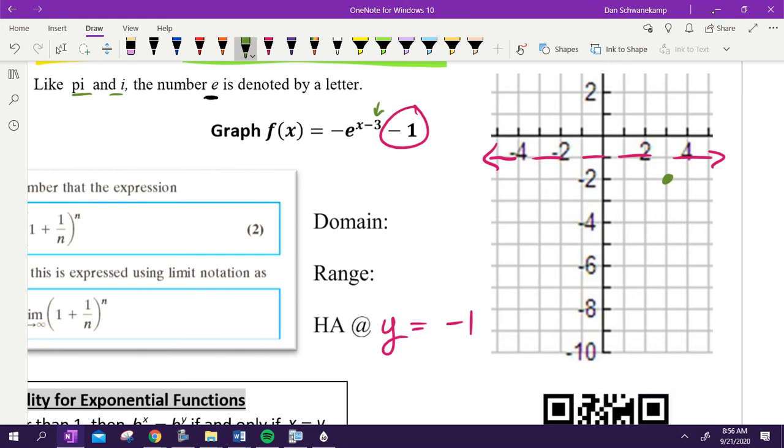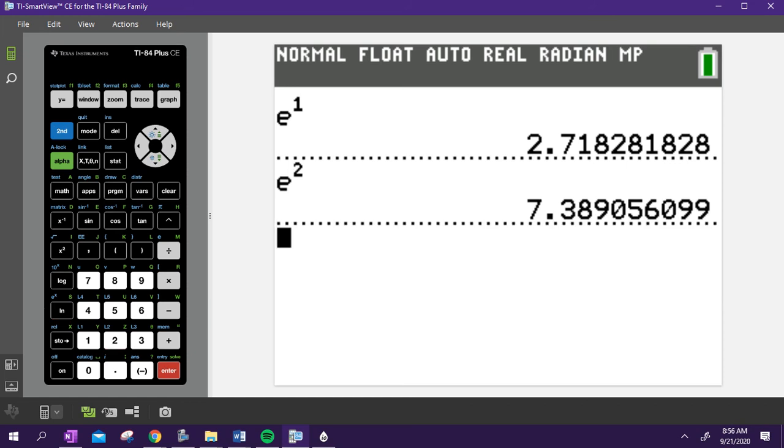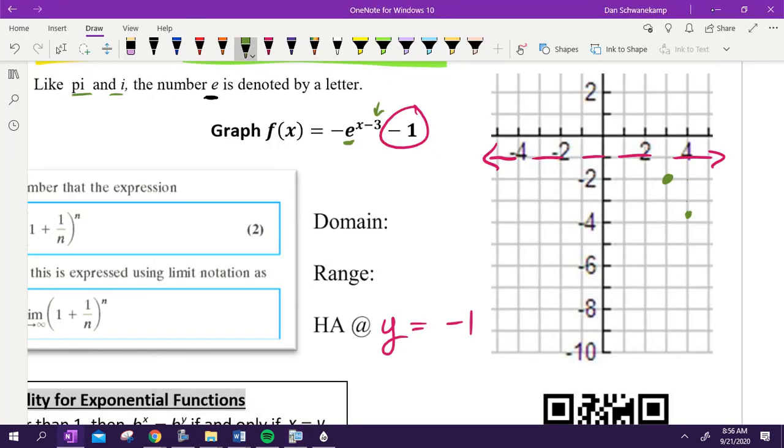As I move to the right, how many below the line is my next dot going to be? 2.71, because my base is E. My first one was 1 below. My next one is going to be 2.71 below. Then if I kept moving over, my next one would be E squared below that line. 7.389.